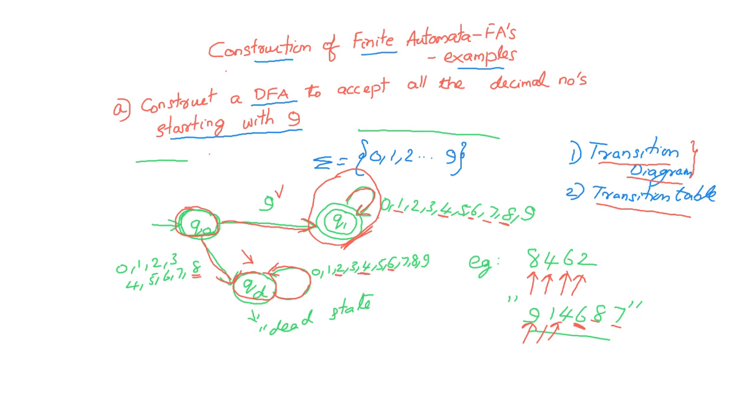You will never have multiple starting states. In any DFA, you will have only one starting state, but you can have multiple final states, or you can have no final states at all for a DFA. That's also possible. This is the first example which we are going through. I think it's clear to you. Okay, so we'll see the next example.